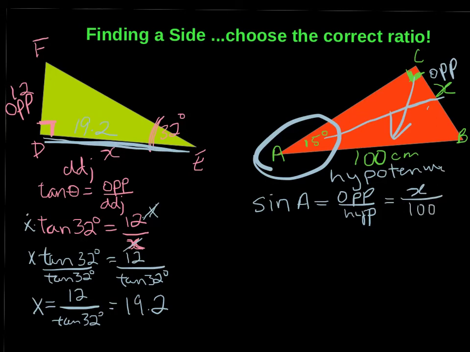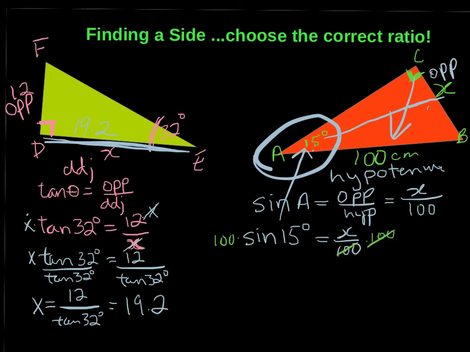Okay, all right, so let's fill in the value for A. The value for A is 15 degrees. And I've got x over 100, solve for x. This one's easy, just multiply both sides by 100.